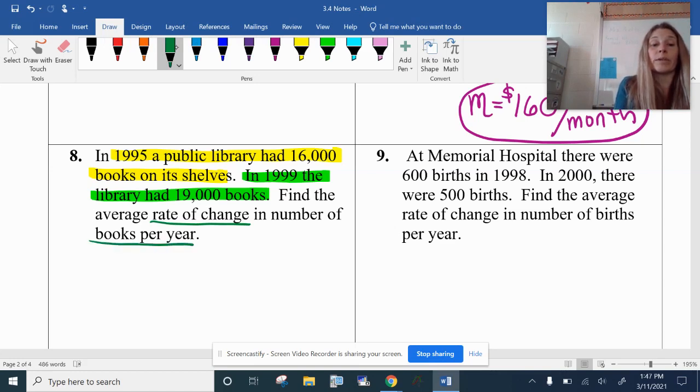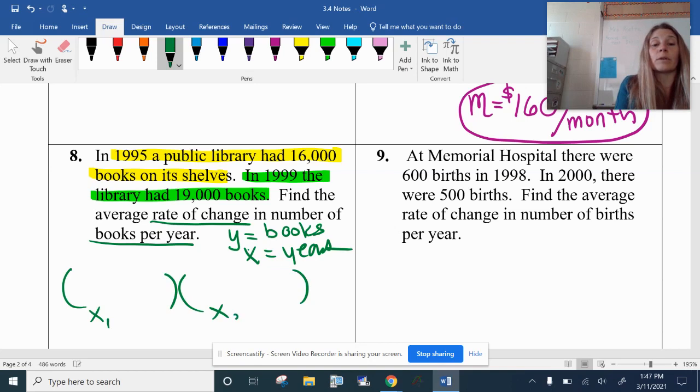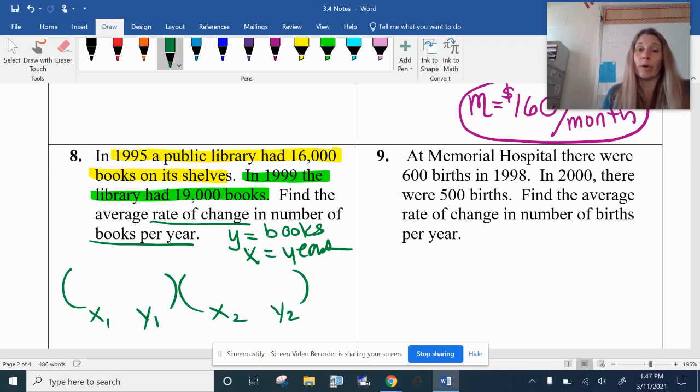So the books per year tells me that the Y is books and the years is the X. So we know when we do our points, the X values have to be the years and the Y values have to be the books.